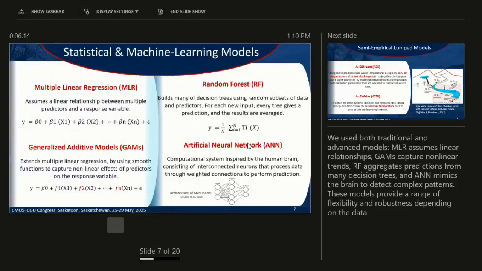And also we use the artificial neural network, which does the prediction in a kind of black box, but it's inspired by the human brain and structured with an input layer, where you introduce your input, and then there are some hidden layers in the middle, which include some neurons where the data will be processed, and then make the prediction and send it to the output layer.